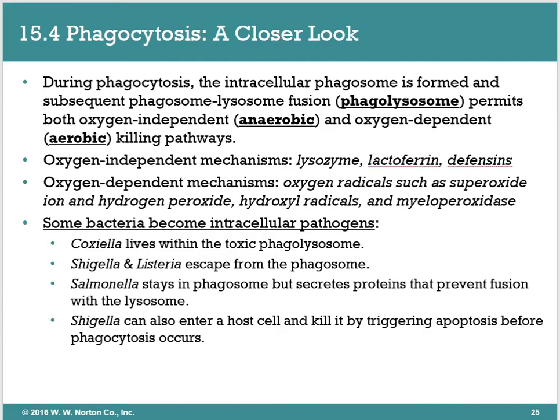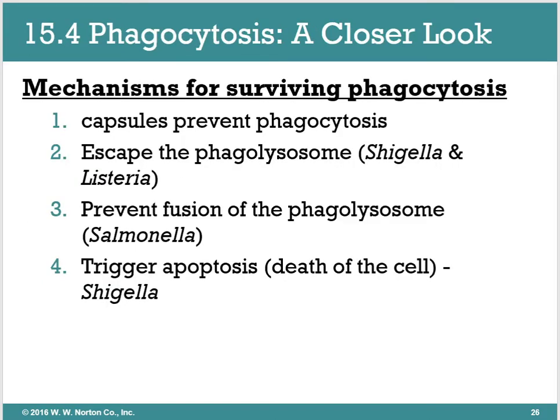Okay. So, for the mechanisms of surviving phagocytosis, there are 4 main ones. The first one is that a pathogen will have a capsule, so it will not be phagocytosed and can't be engulfed because of his MAMPs being protected.